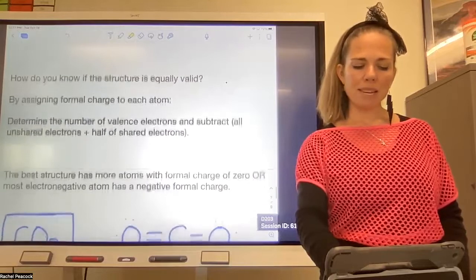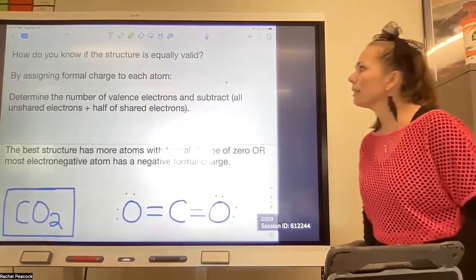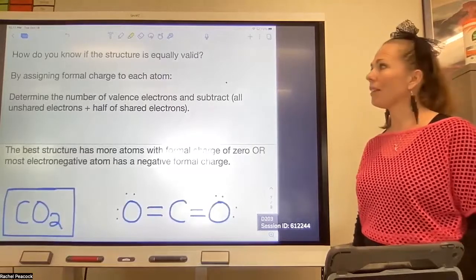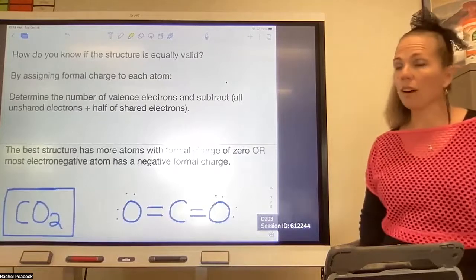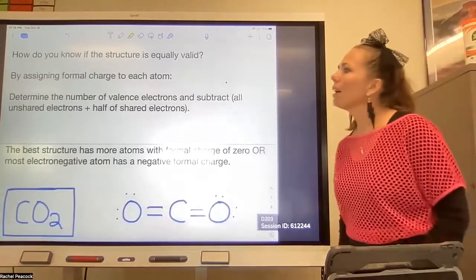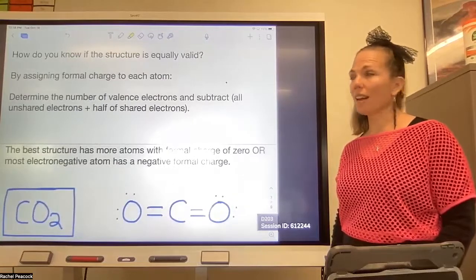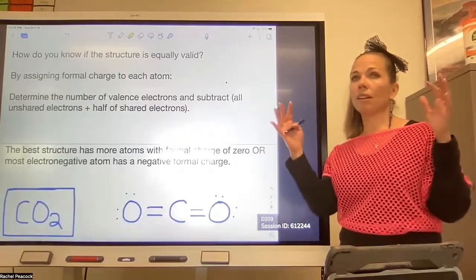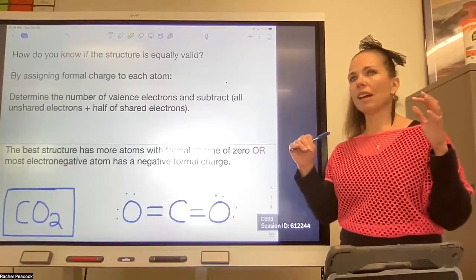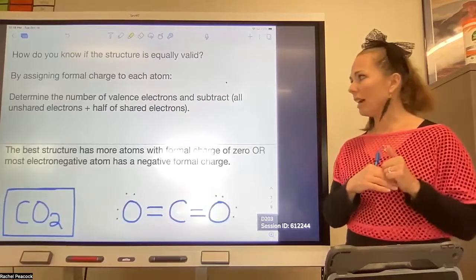Okay. All right. So you'll notice that I use this phrase equally valid, and you might be wondering, well, what does that mean? Okay. How do you know if the structure is equally valid compared to another structure? That is by assigning something called formal charge to an atom. Formal charge is when you count the number of valence electrons that that atom has, and you subtract the total of all the unshared electrons on that atom minus half the shared electrons.